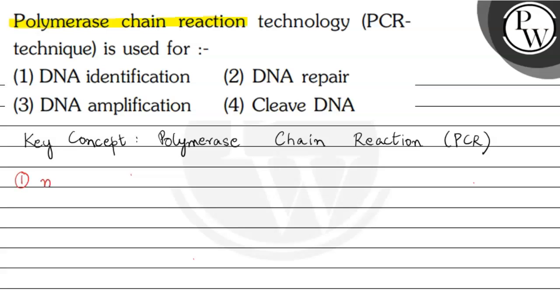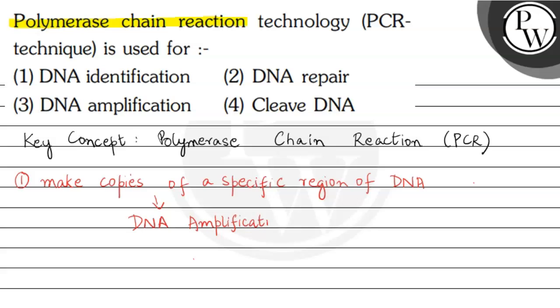So PCR is used to actually make copies, that is around millions or billions of copies of a specific region of DNA, which means that PCR is used for DNA amplification.